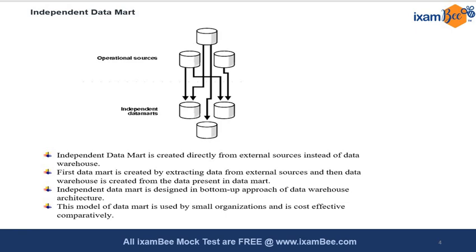And this particular approach is bottom-up. Here we are not involving the data warehouse at this point of time. We are going to have the data warehouse after the data marts are created, and we can just combine these data marts to build our entire data warehouse. So these are the differences between the independent and the dependent data marts.